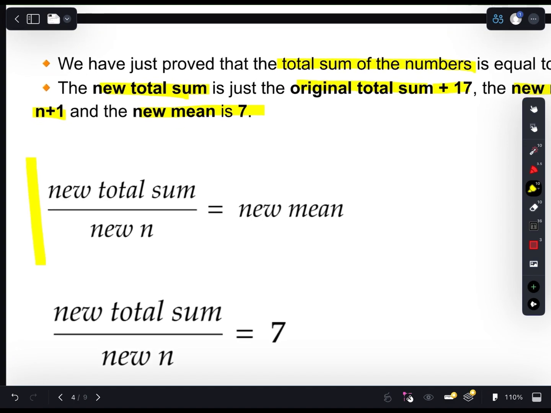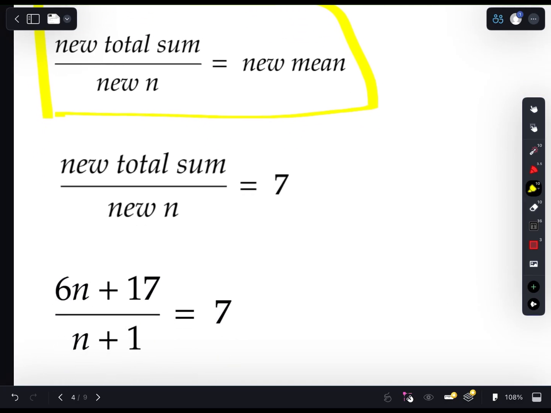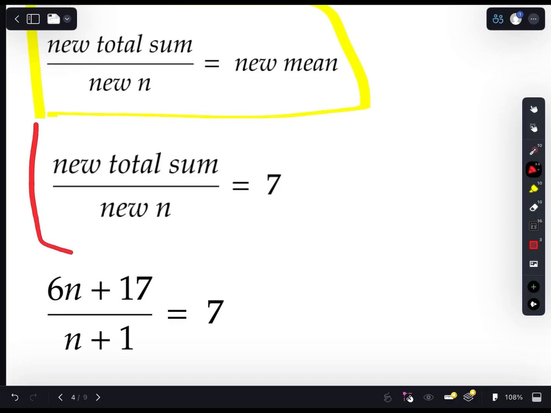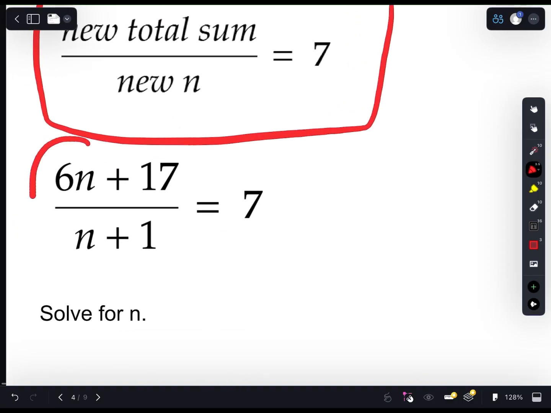So again, here's our formula for situation 2. New total sum divided by new amount of numbers equals the new mean. Here we are plugging everything in. New total sum divided by new amount of numbers equals 7. So 6n, because that's the original total sum, plus 17, because we're adding 17 to the list.